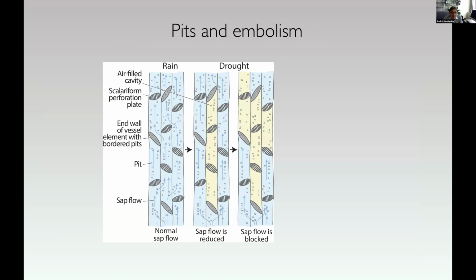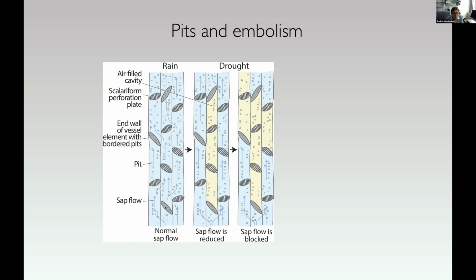This is a model that shows what is happening with the xylem under drought stress. Under normal conditions, first of all, a few definitions. Xylem consists of vessels, and a vessel has several cells.